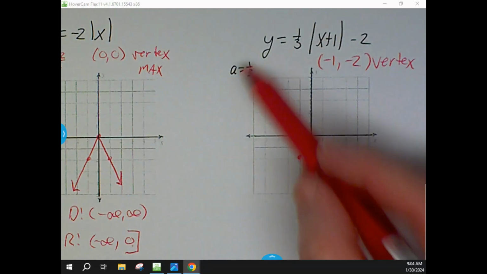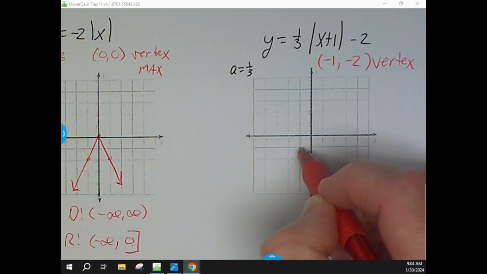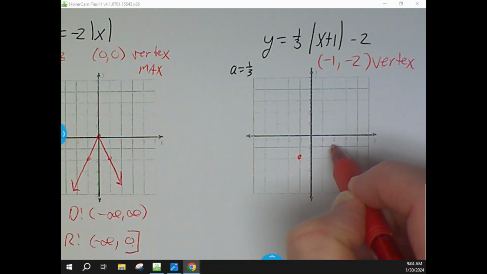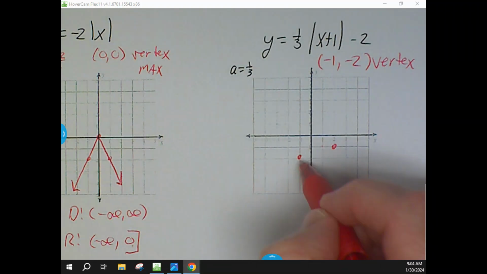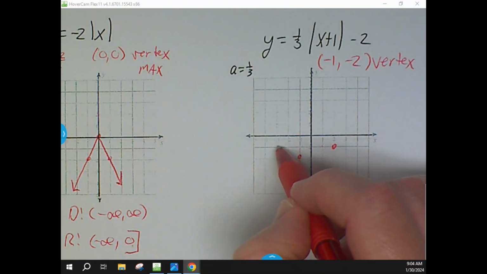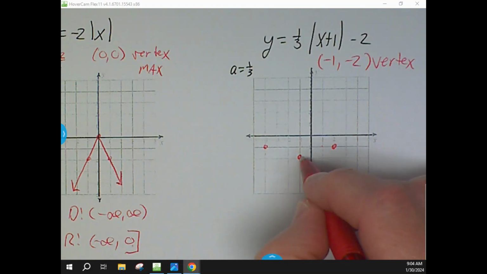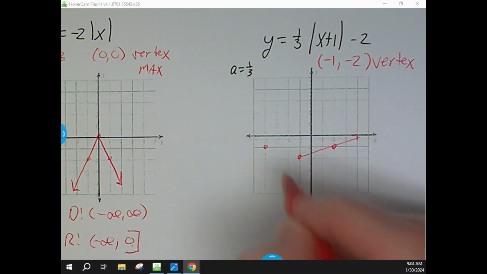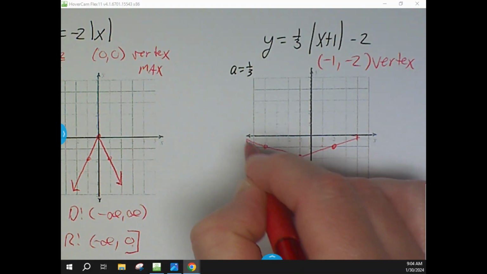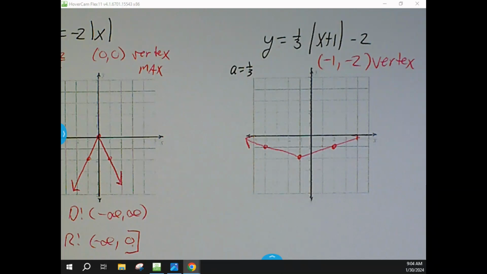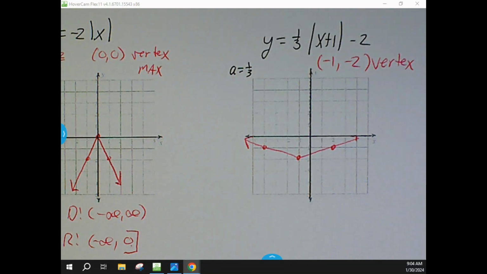All right, so it's 1/3. So we're going to go up 1 and over 1, 2, 3. And then from the vertex, go up 1 over 1, 2, 3 to get that. Okay, and there's where you can actually start to see what we were talking about yesterday.